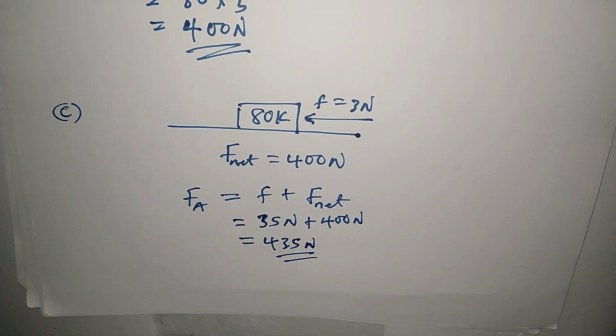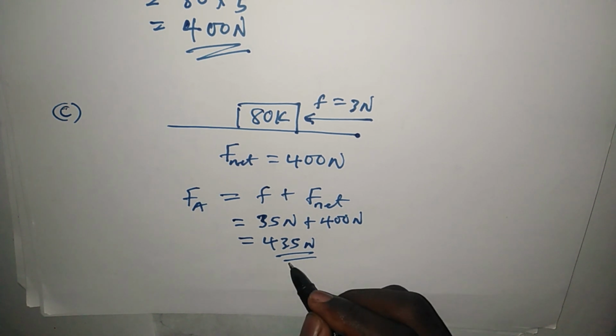This makes sense because in order for the object to accelerate, the applied force must be greater than the frictional force. And the difference between applied force and frictional force is what gives us the net force. So this is our applied force.